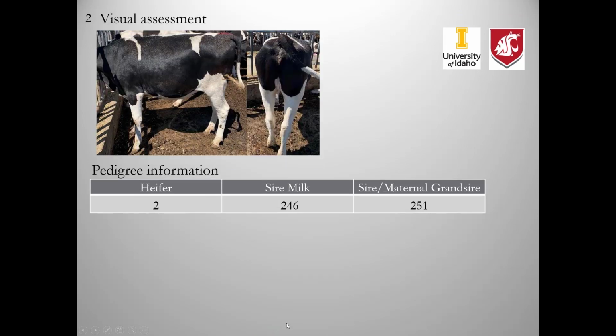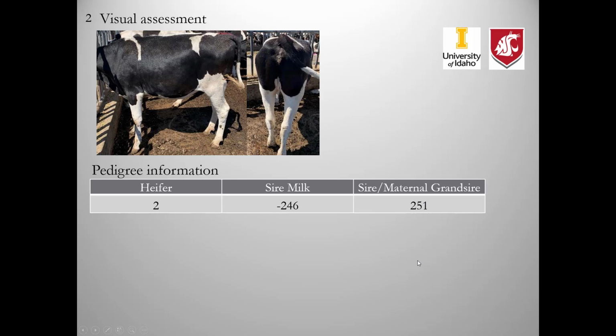So let's go to heifer number 2. Here's a picture of heifer number 2. When we look at her sire milk, we see that it is actually a negative value. So the offspring for this sire on average is lower than the average offspring for the herd. When we combine the sire and maternal grandsire information, it now comes into the positive area, and it's at 251.